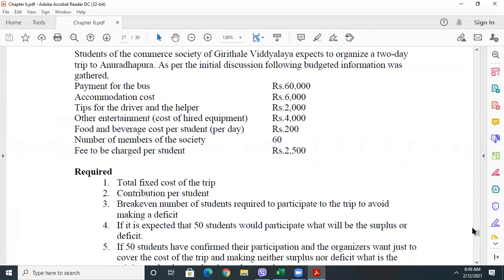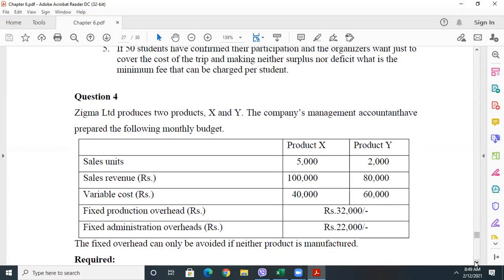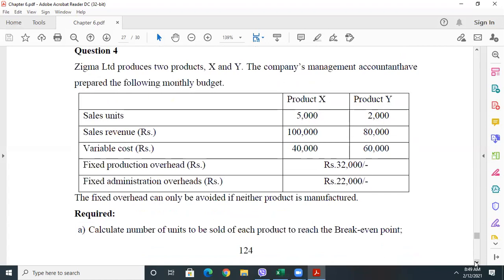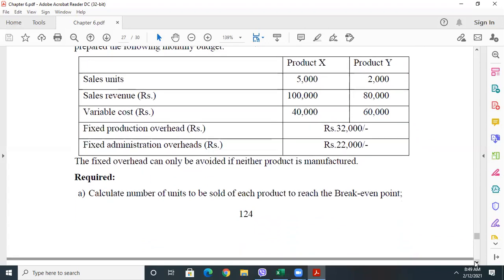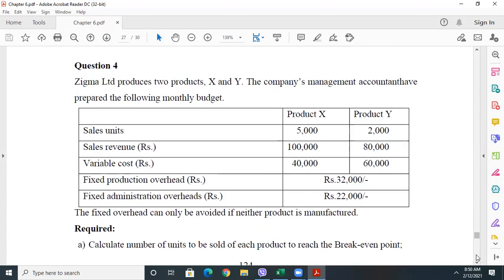So question 3 is something similar to that. So therefore we believe you can work that out. We are not going to discuss it, but question number 4. Okay. So shall we have a look at question number 4? We'll see what it is. Sigma Limited produced 2 products, X and Y. The company's management accountant has prepared the following monthly budget.